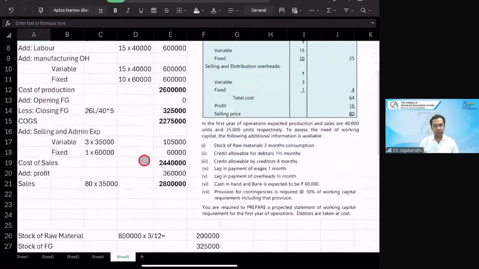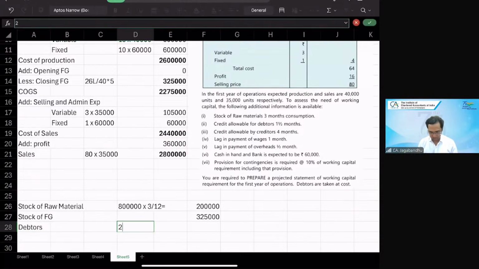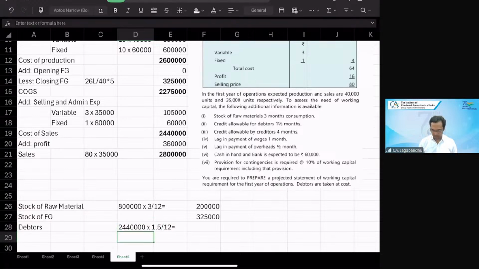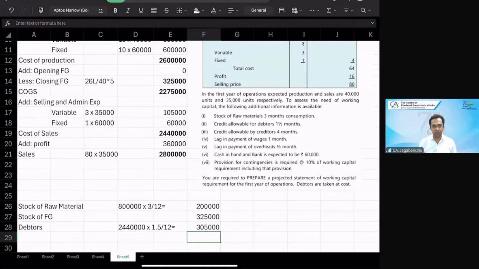For debtors, we are going to value at cost, which means cost of sales. So the debtors calculation will be 24,40,000 into 1.5 by 12, which is 3,05,000 debtors at cost.